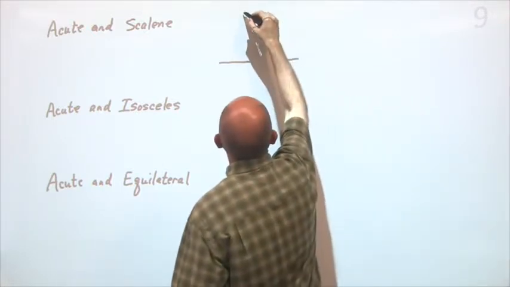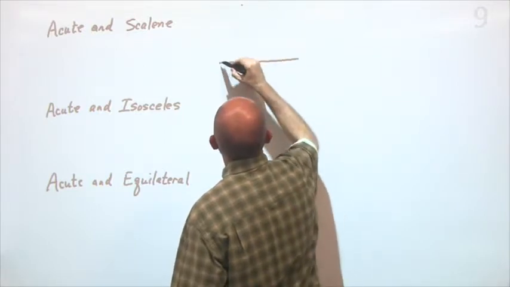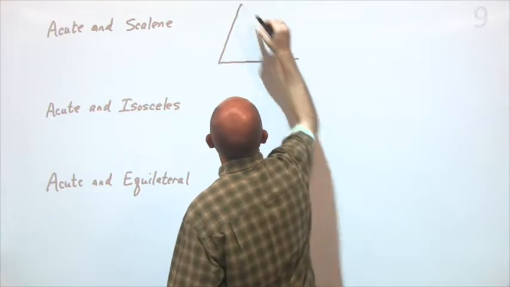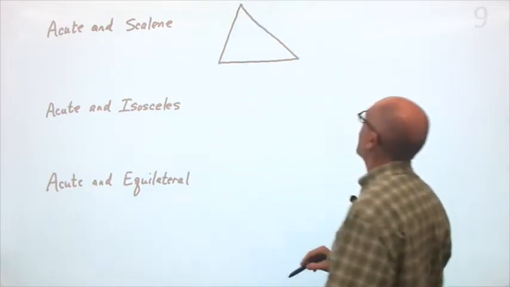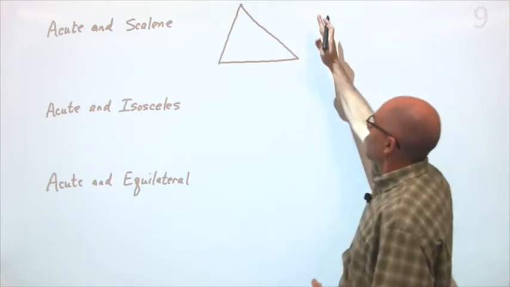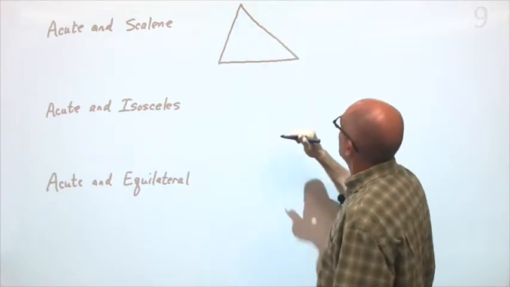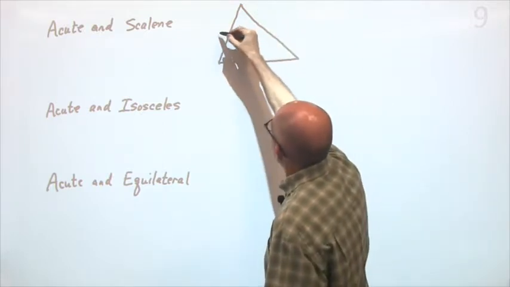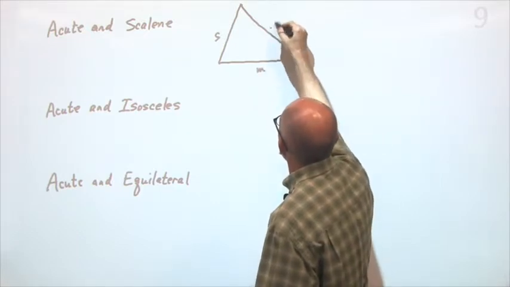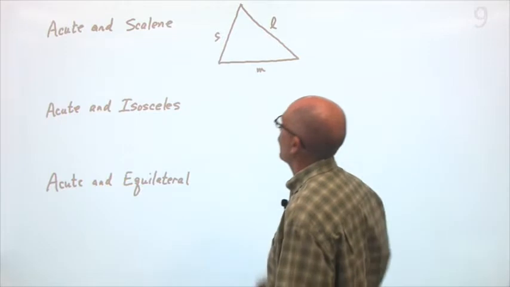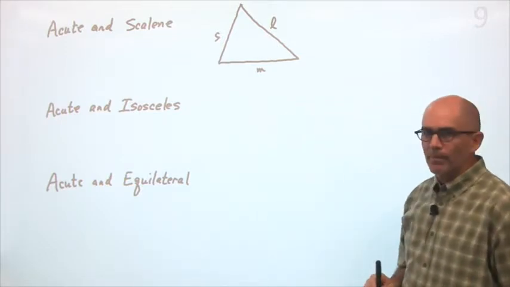Well, what we'll do is it's almost like an equilateral triangle, only we move the vertex up the top over a little bit. So now this is going to be the short side here, and this is the medium side here, and this is the long side, and all three angles are acute. So that's perfectly possible to do.